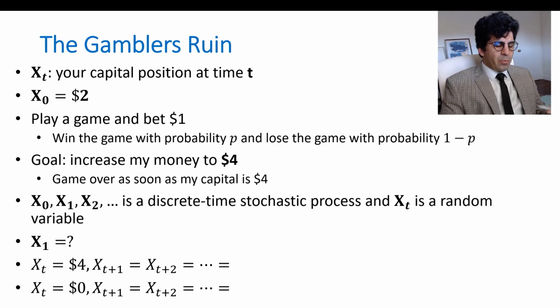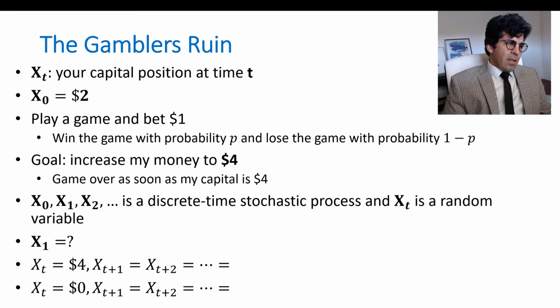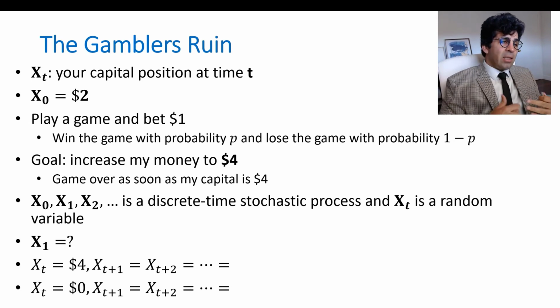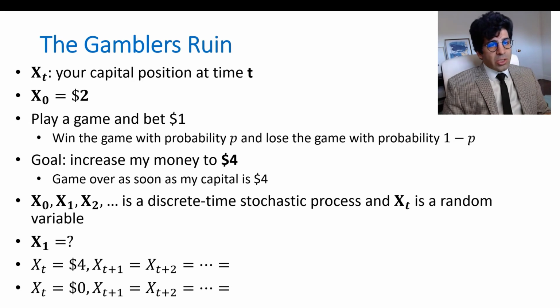For example, if you win, you will gain $1. If you lose, you will lose $1. Every time you're betting on $1, basically. And the probability of winning in every round of the game is P. Probability of losing obviously is 1 minus P. So the goal is to increase your money to $4. Means that the game ends once you have $4. Also, the game ends when you have $0 because you don't have any money to bet on.